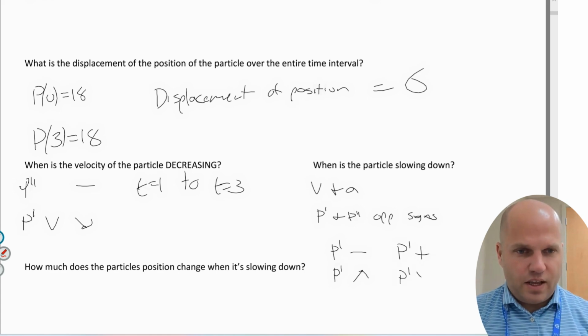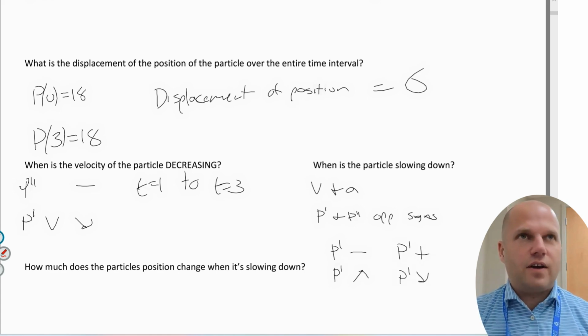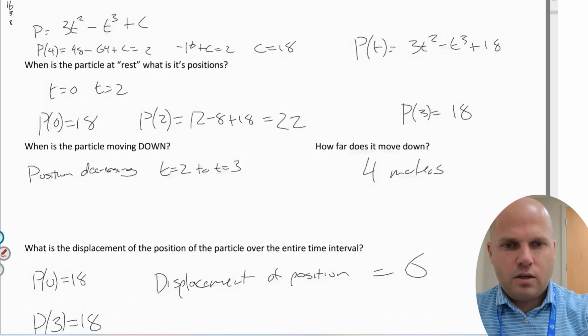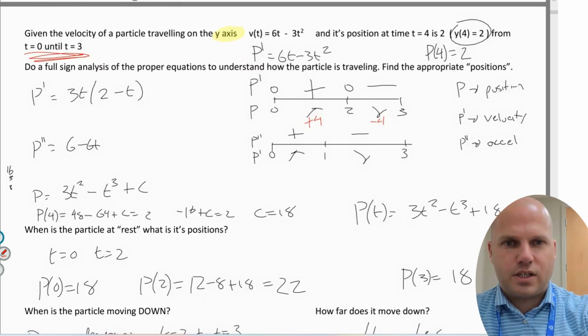We can have positive and decreasing velocity values, so your position is increasing, but at a slower rate. So it's tough to explain. I hope you understand. So v and a have opposite signs from 1 to 2, and that's it.